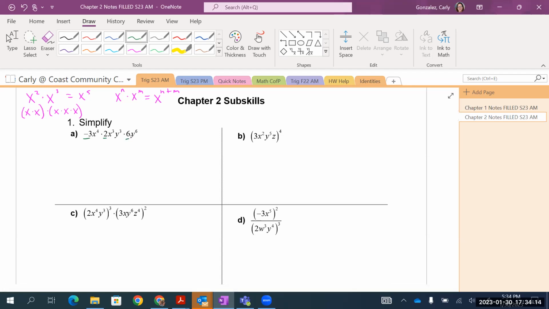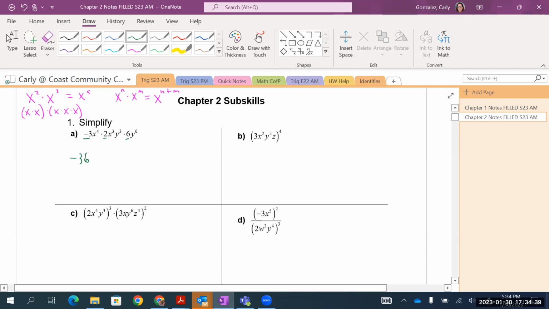Our regular numbers will do the regular operation. Since these 3 quantities are multiplying, our regular numbers will multiply. Negative 3 times 2 is negative 6, times another 6, negative 36.